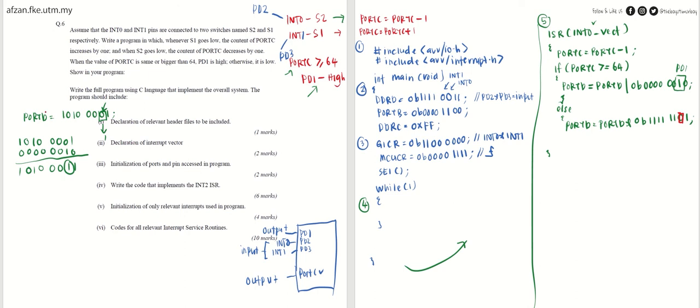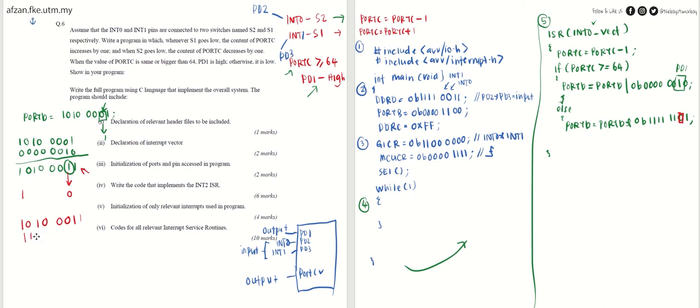Let's check. Let's say this is the current value of port D: 10100010. Now I want to change this bit from 1 to 0. So what happens is I AND with this number here.